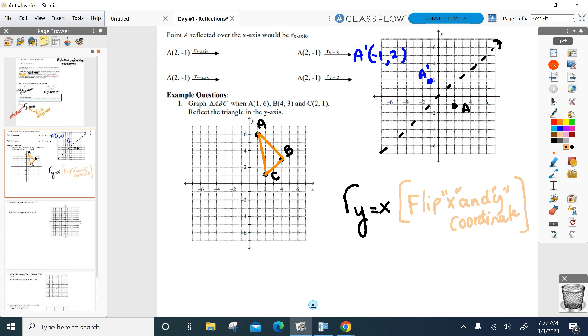I'm asking you to reflect it over the y-axis now. So how do I reflect the whole figure? You do each point separately.